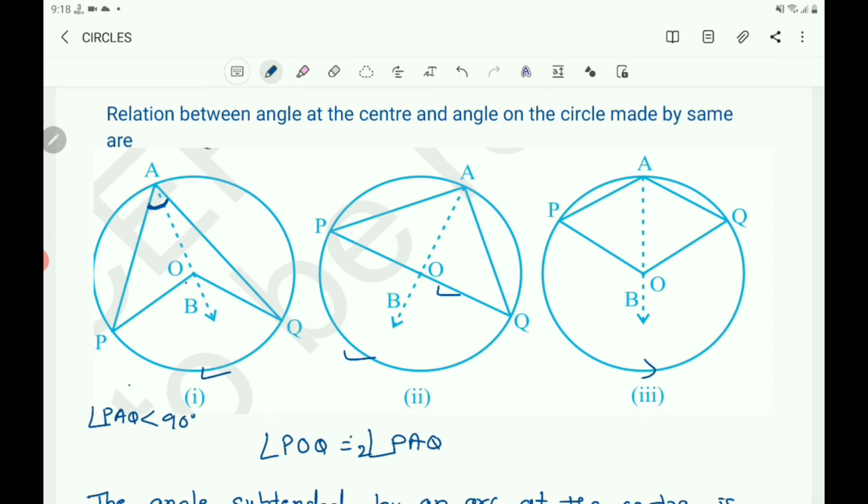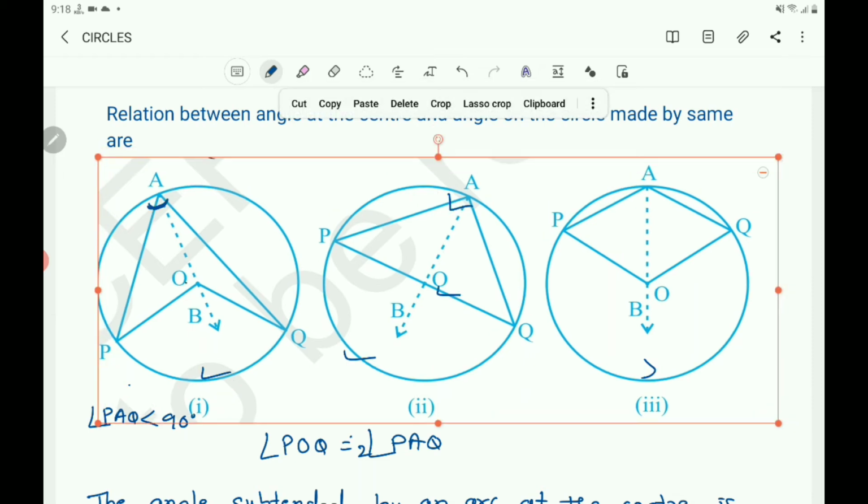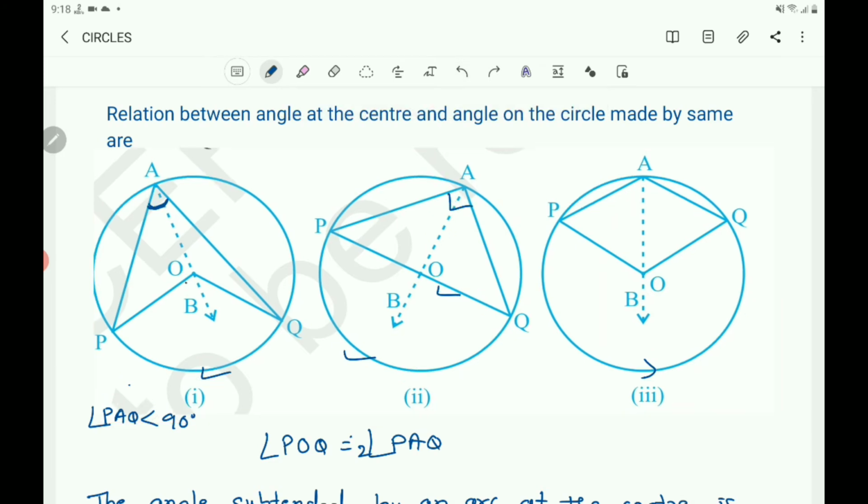And here if you measure, you will get 90 degree. And what is the measurement of the angle POQ? Measurement of the angle POQ is 180 degree as it is a straight line. Then half of this 180 degree means you will get 90 degree. So angle PAQ equals 90 degree.